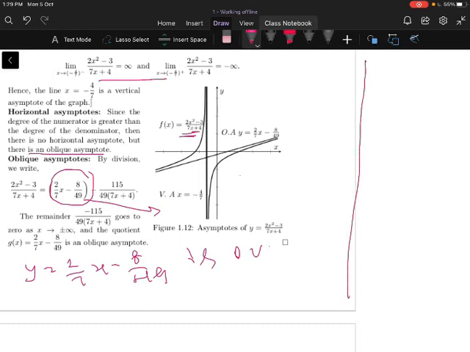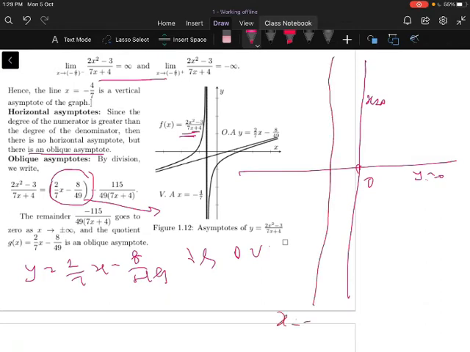Draw the figure here. So we have a vertical asymptote, x = 0 here, and y = 0, the x-axis, and x = -4/7 is the vertical asymptote, and there is no horizontal asymptote.